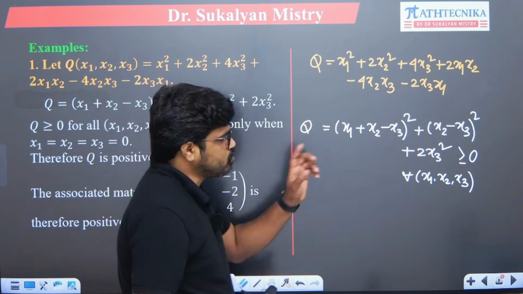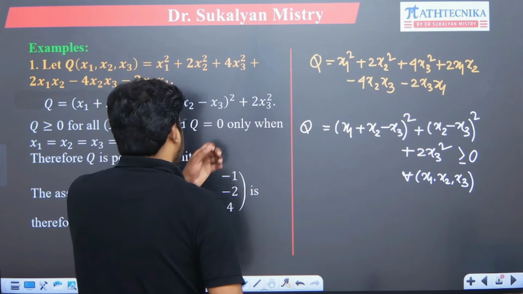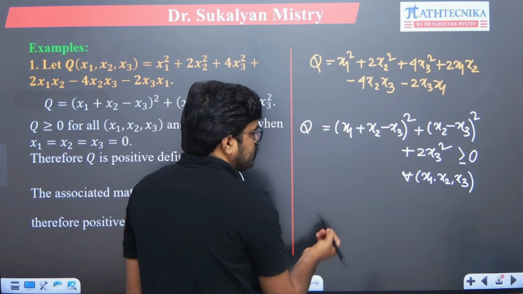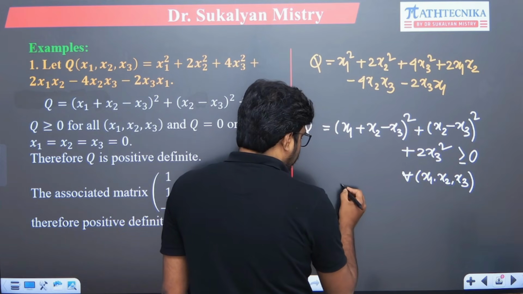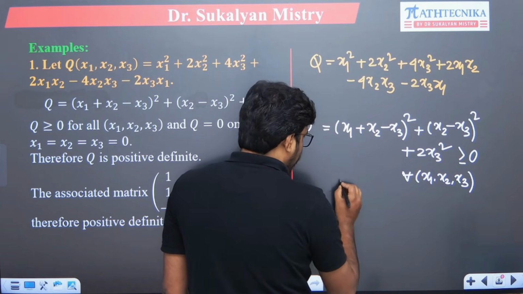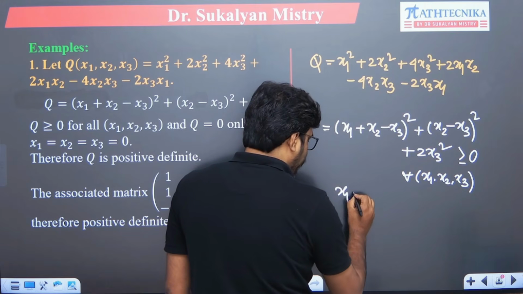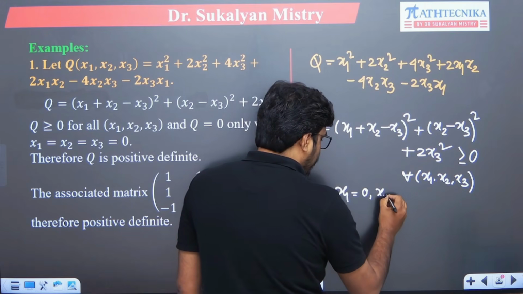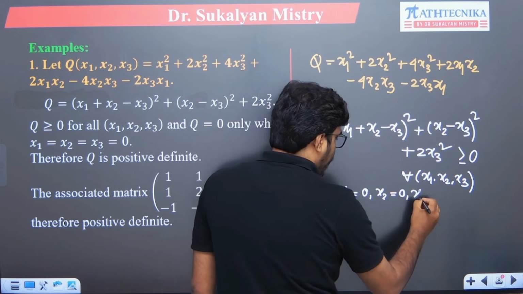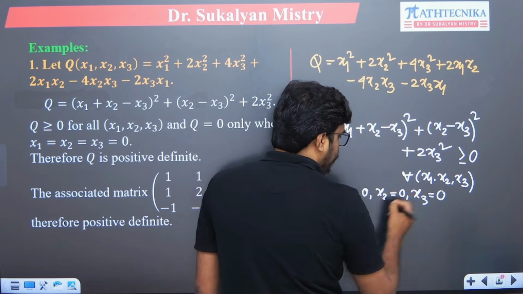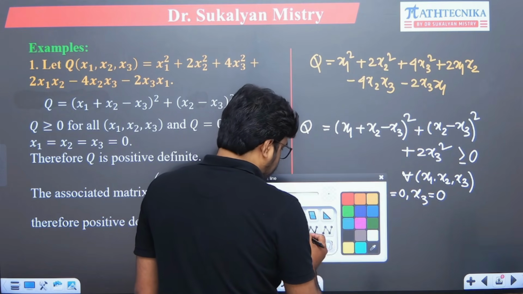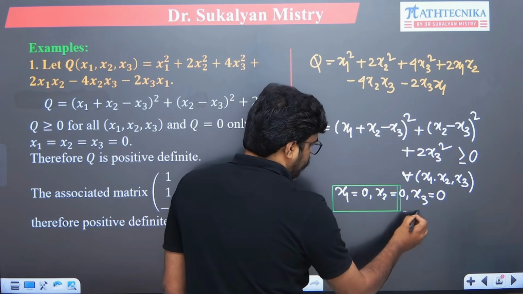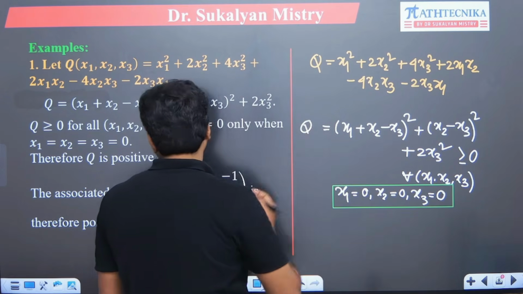Why is it greater than or equal to 0? When will Q be 0? Let me choose such a value: if x1 is 0, x2 is 0 and x3 is 0, then Q is 0. Otherwise it is non-zero. Yes or no?